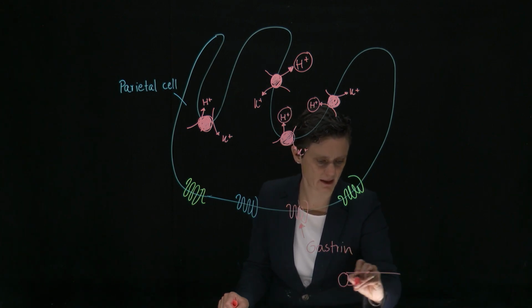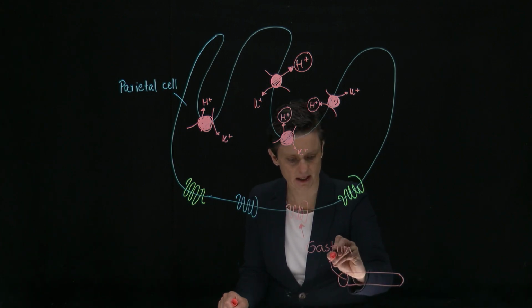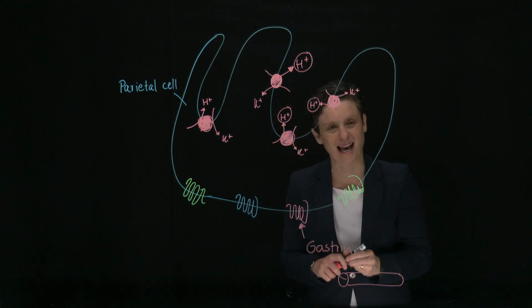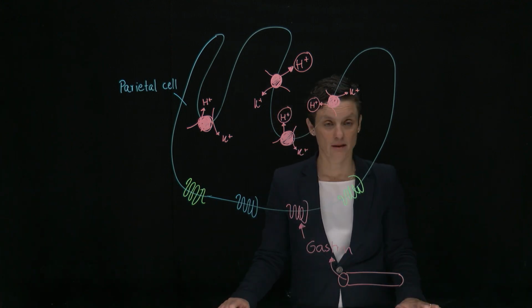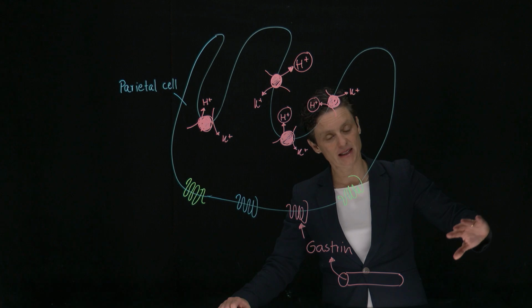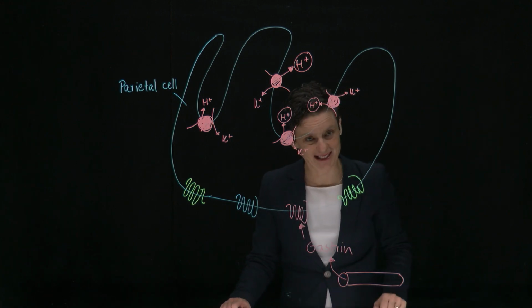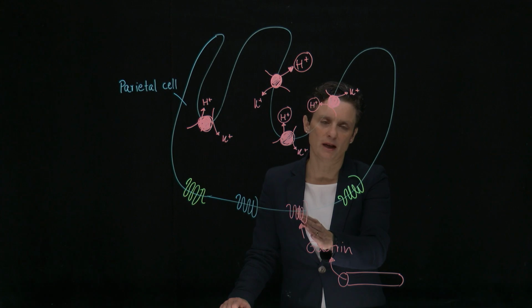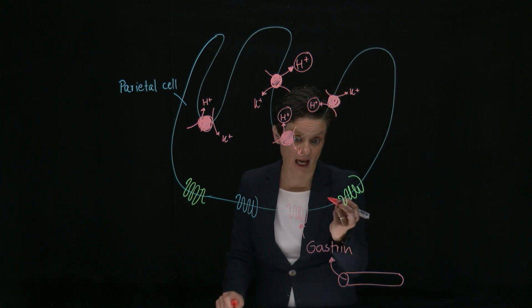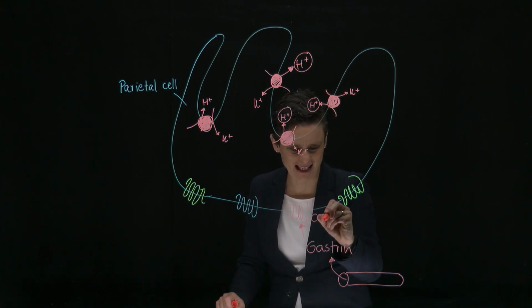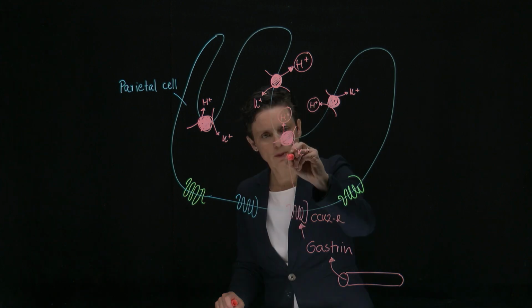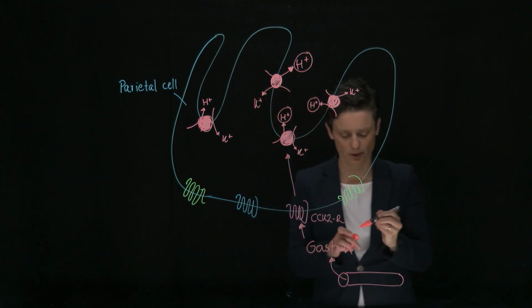So let's make here a blood vessel to remember it comes through the blood, because gastrin is made in the G cells in the antrum, and it needs to travel to the fundus and the corpus where these parietal cells sit to stimulate the gastrin receptor. That's a CCK2 receptor, which is going to stimulate these proton pumps.